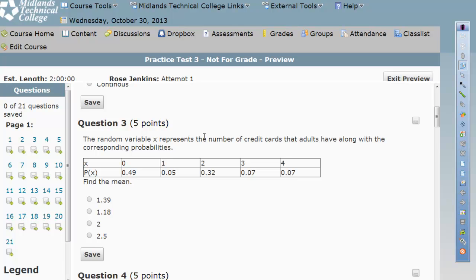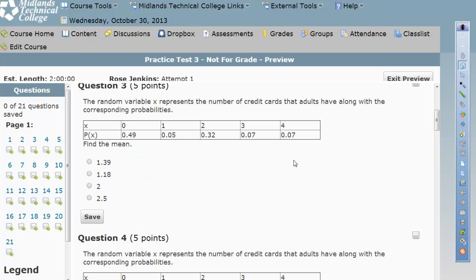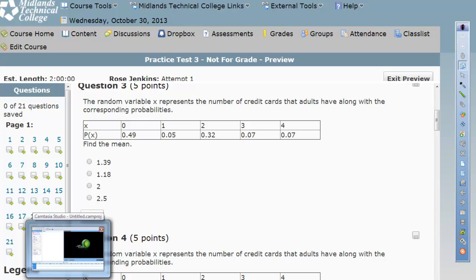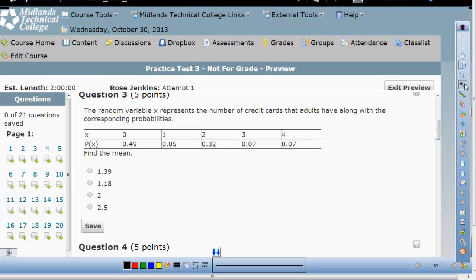The random variable x represents the number of credit cards that adults have along with the corresponding probabilities. Find the mean. Okay, the formula for the mean is mu equals the summation of x times p of x.